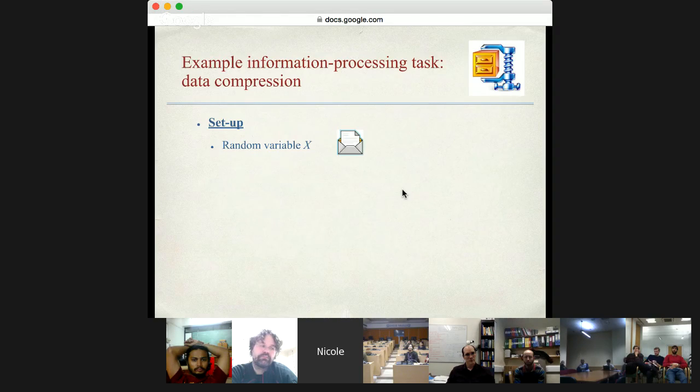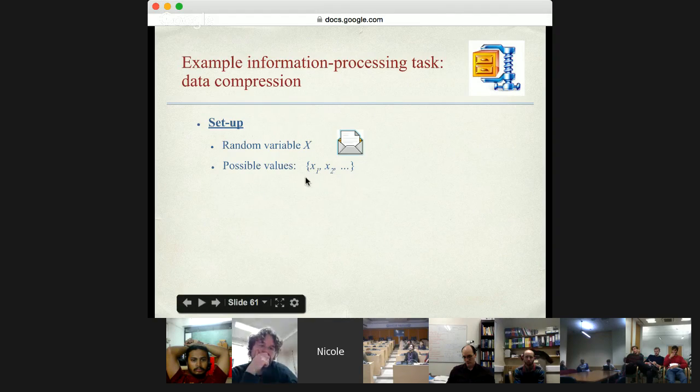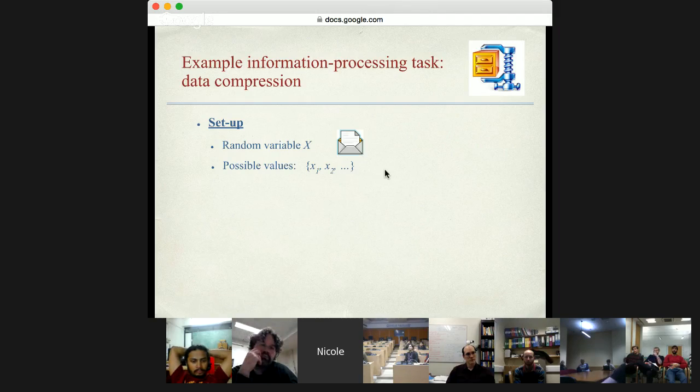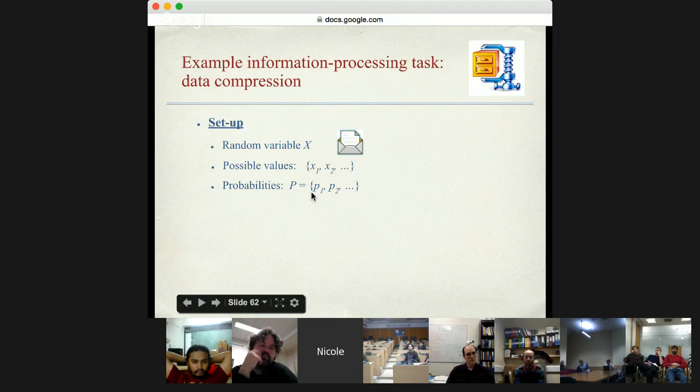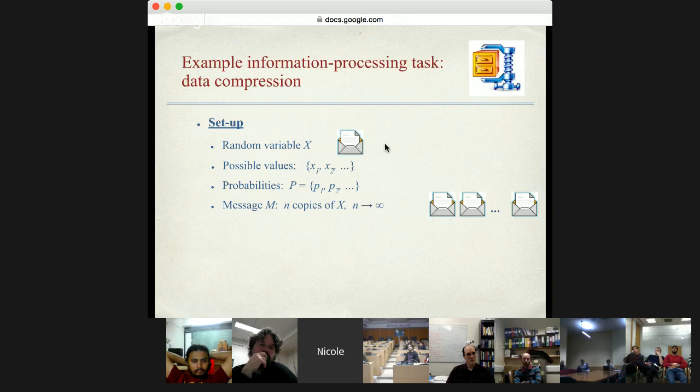Suppose that I send you some random variable x, some letter from an alphabet of these possible values, x1, x2, and so on. X is distributed according to some probability distribution where p sub 1 is the probability that I send you letter x sub 1, and so on and so forth. Suppose that I send you many, many copies of this random variable. So n copies form this message m.